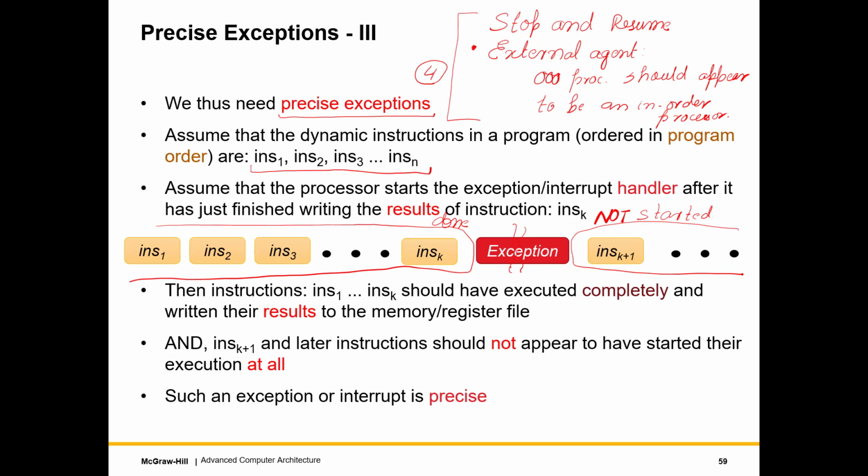So we have an option at this point of stopping the program, storing its state, which is easy. We just need to store the value of the architectural registers at this point, process the exception, and resume. Stop, resume.